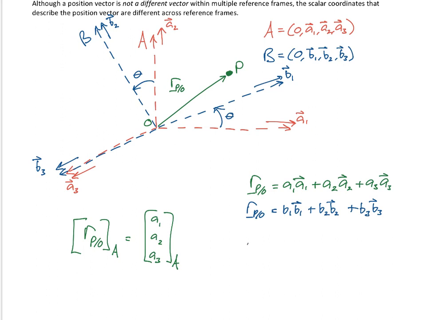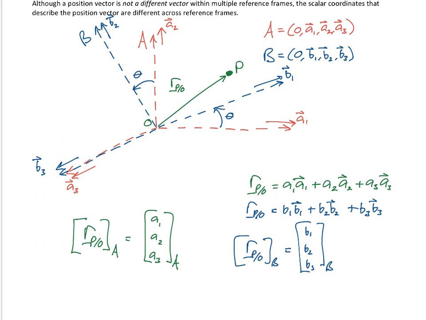And so similarly, the position vector of P with respect to O, as defined in the B basis, will be B1, B2, and B3, all scalar magnitudes, and then we indicate the reference frame, B, to say that this is the basis that we're defining it in.